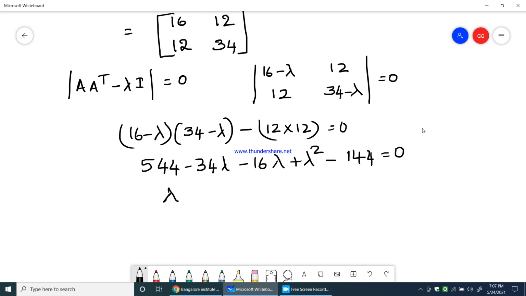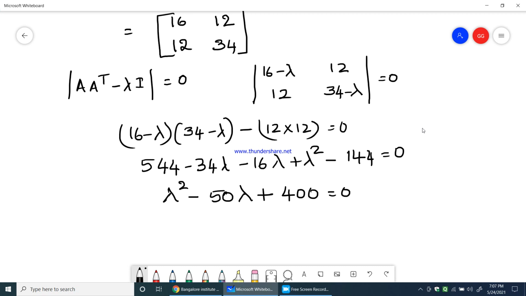Therefore, lambda square minus 50 lambda plus 544 minus 144, which is 400, equals 0.